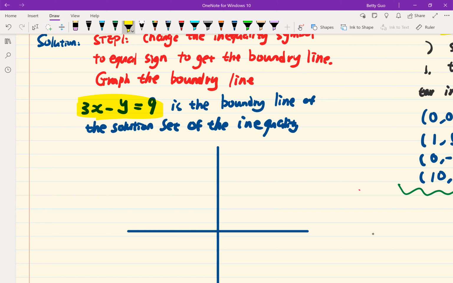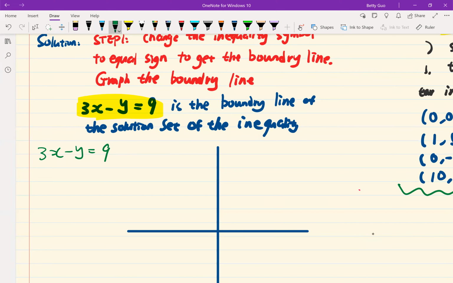We're going to follow the idea. 3x minus y equals 9. Let's see what is the x-intercept. In order to find the x-intercept, how do we do that? We learned this probably last week.